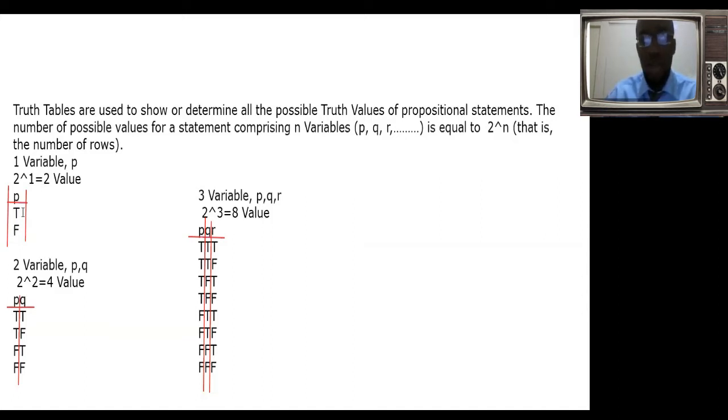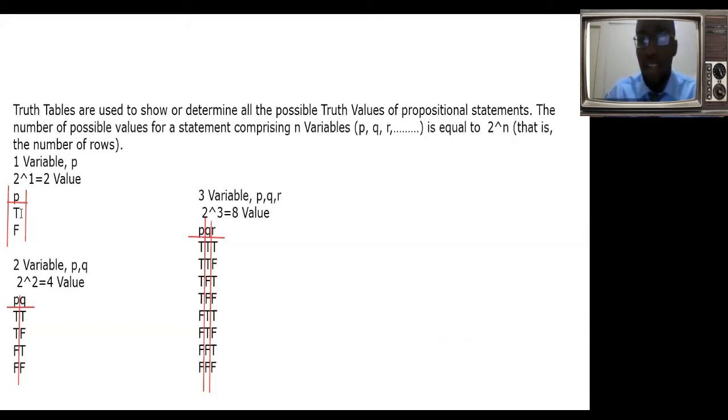Yes, then that's true. Or it is not sunny, let's say the sun is not shining, then my statement would be false. So there are only two possibilities when we use one variable.